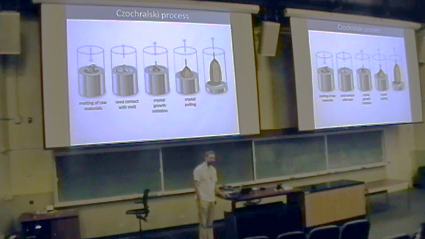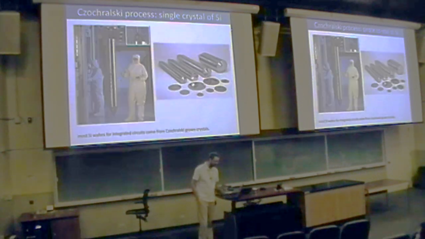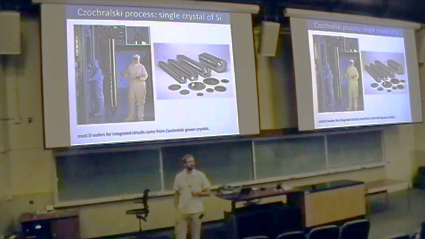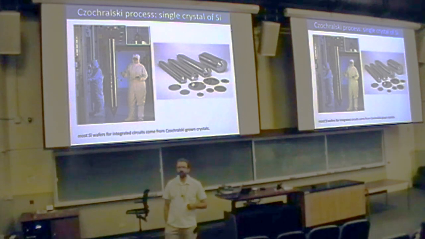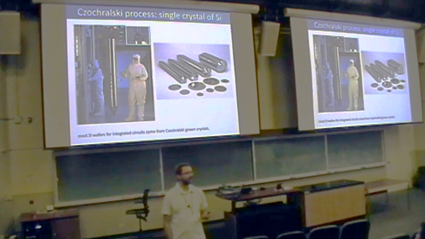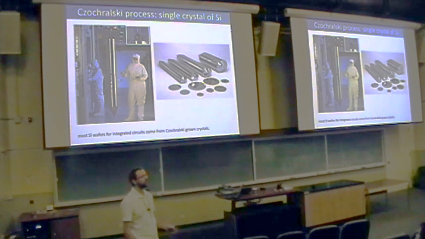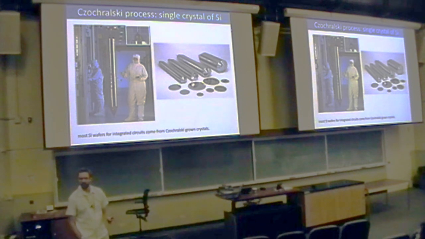And this is a very important technique, because this is the way that we grow silicon single crystals nowadays, out of which you're going to cut silicon wafers, out of which every single piece of electronics that you use nowadays is coming from, right?